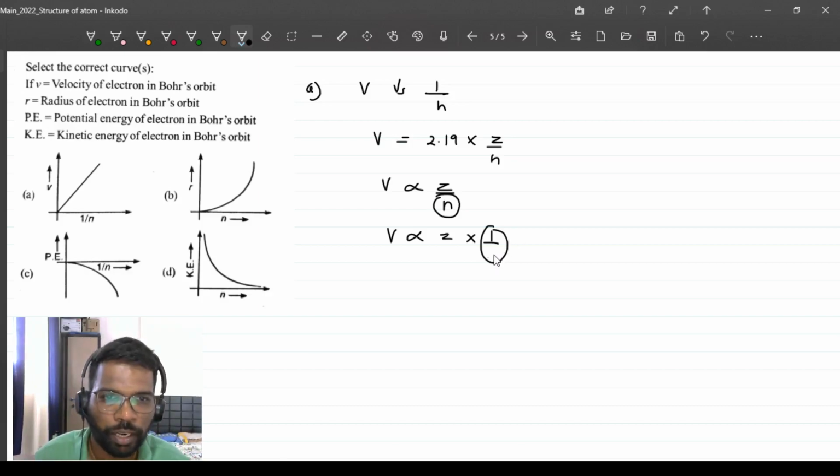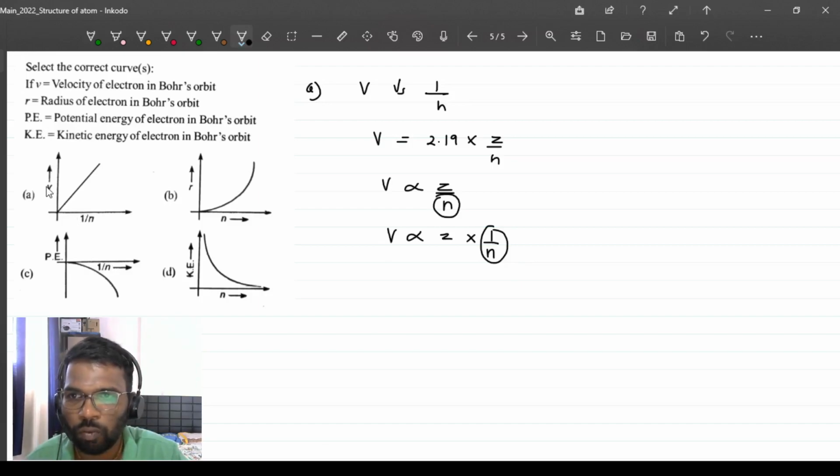Understand the difference? It is directly proportional to 1 by n and not n. It is inversely proportional to n and directly proportional to 1 by n. So this curve is velocity versus 1 by n, and it is a direct relation. So this statement is correct. This curve is correct.